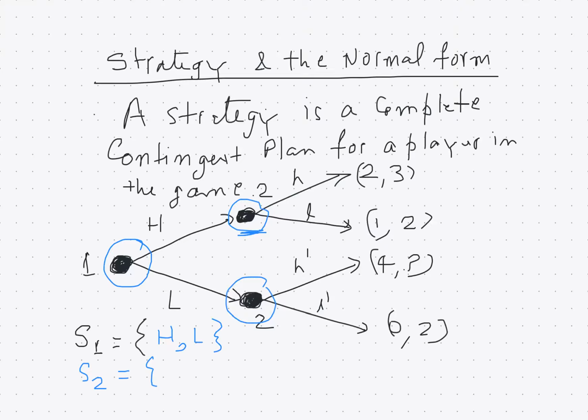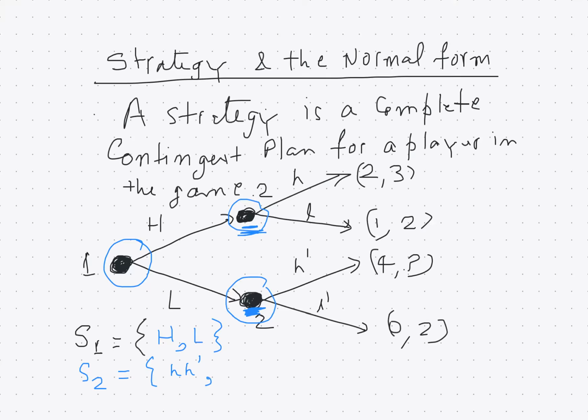In this case, let's say player two says that he will choose to charge a high price, so H, but then he also has to tell what he's going to do here, the bottom node, the other information set he has. So that's what we mean by complete contingent plan. So even though you're here at the top node, you have to tell me what you're going to do here if it were reached, right? So let's say player two says, if he were here at the bottom node, he'll choose H prime, high price. So that's one particular strategy for player two.